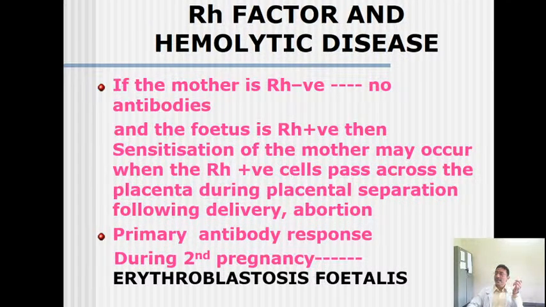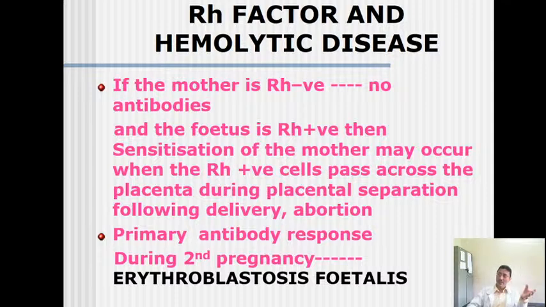The mother is Rh negative, the father is Rh positive, the child is Rh positive. During the first pregnancy, there will be no problem to the child because during the delivery, the fetal RBCs will cross the placenta and enter into the maternal circulation.